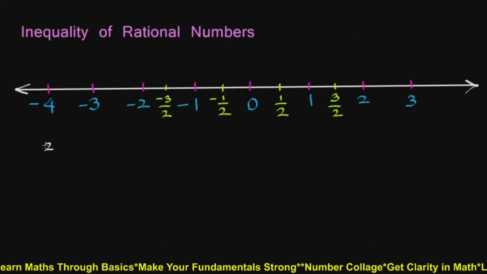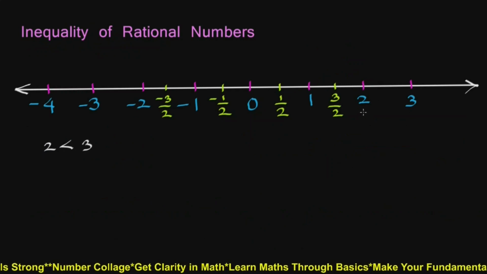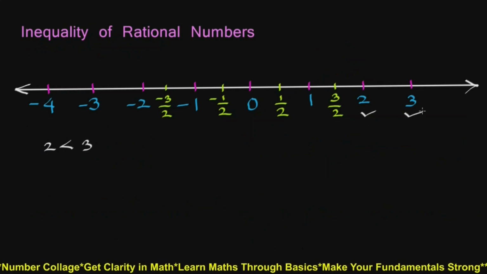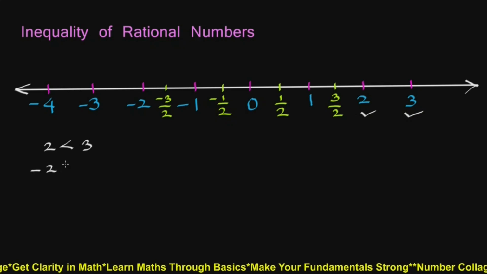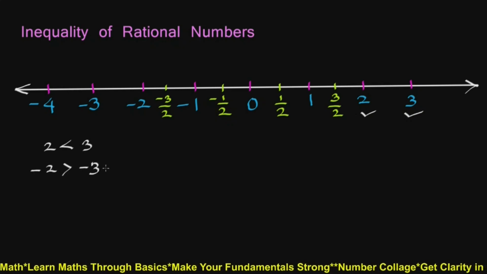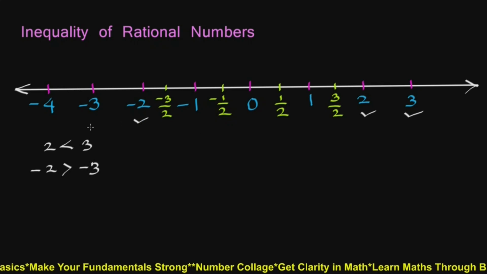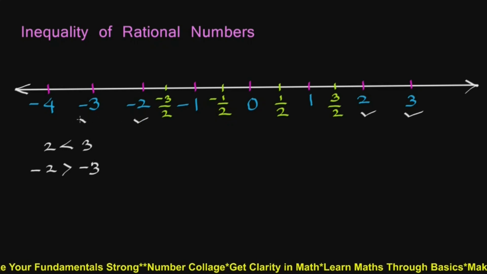We know that 2 is less than 3 because 2 is to the left of 3, but minus 2 is greater than minus 3 because minus 2 is to the right of minus 3.